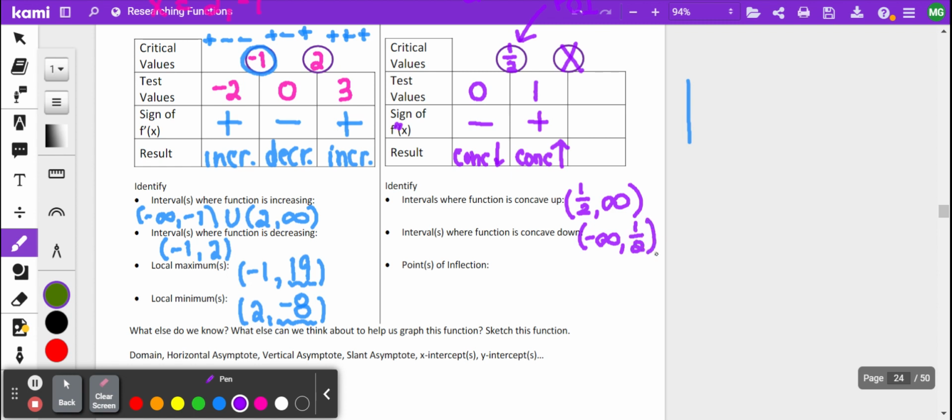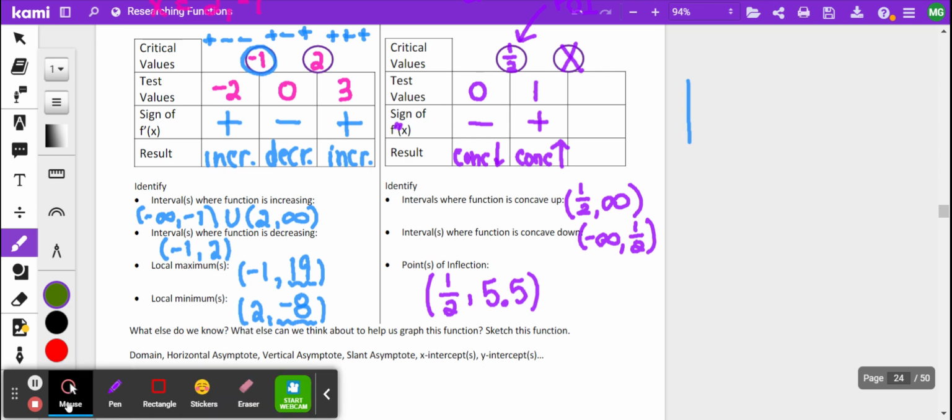And our point of inflection is 1/2, and then we would have to put the 1/2 back into our original function, into f of x. I'm going to save you the time this time, and it's going to be 5.5. So that gives us the exact point of inflection.